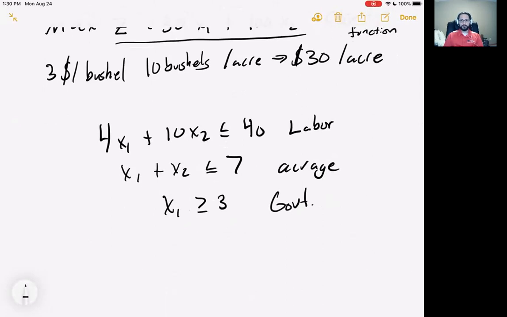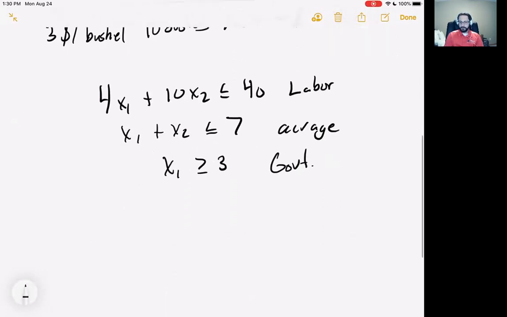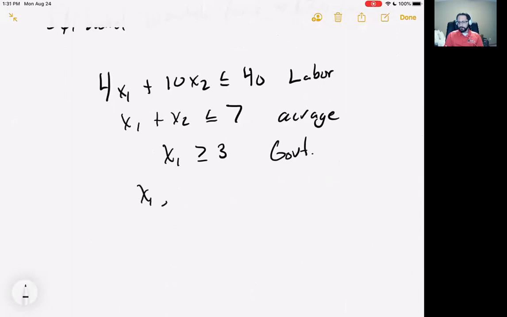And here's a restriction that students tend to forget since these quantities have practical meaning. The acreage must be a non-negative number. It doesn't make any sense to have a negative acreage.